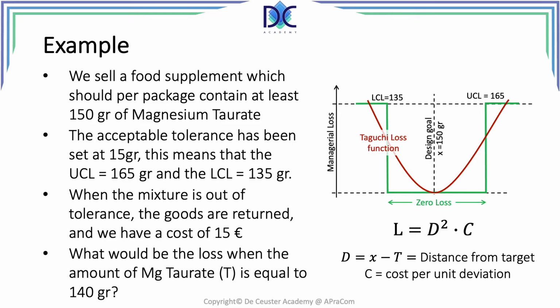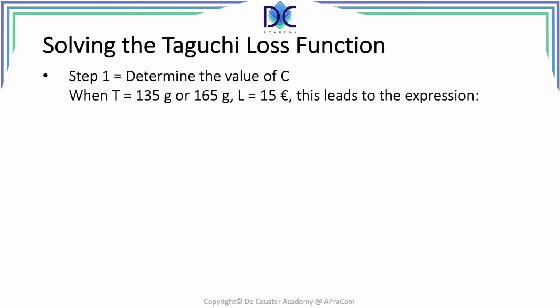So now we can do the calculation. First of all, we have to determine the value of C, the loss per unit. T is 135 grams or 165 grams. Then the loss is 15 euro.